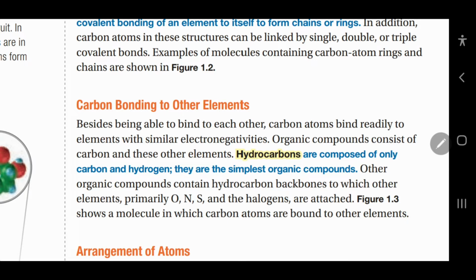But of course, as you know, we have other elements that could be connected in such compounds like oxygen, nitrogen, and sulfur. They are known as other compounds. They have a special functional group that we're going to talk about later in this chapter.